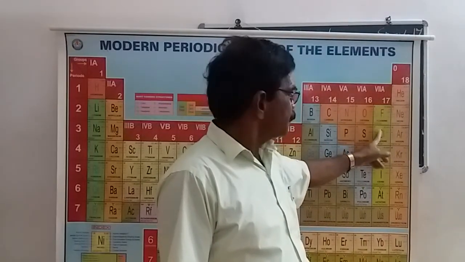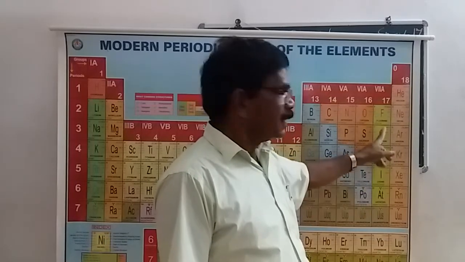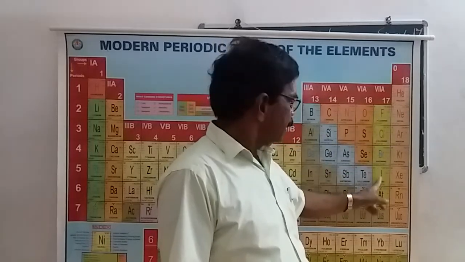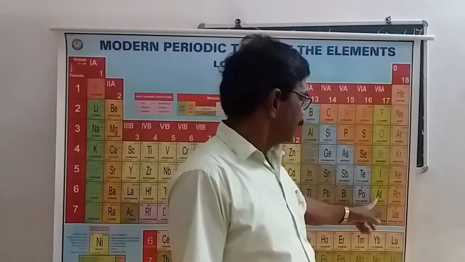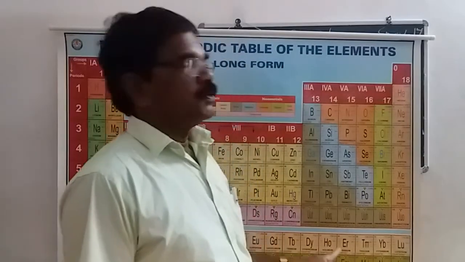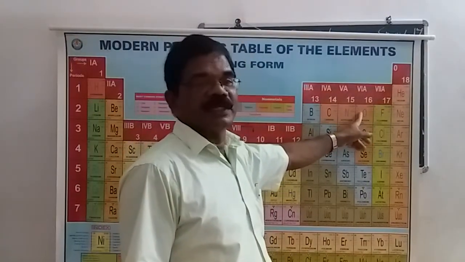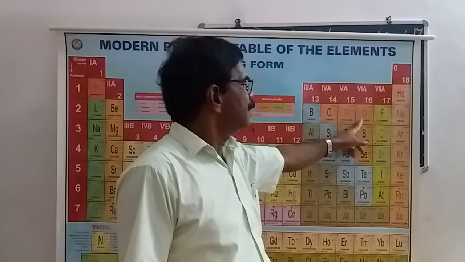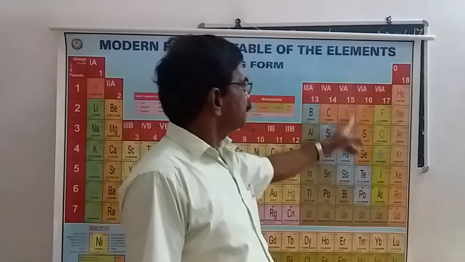Chlorine is lesser than fluorine. Bromine is lesser than fluorine and chlorine. Iodine is lesser than the above three, and astatine is the least reactive in the 17th group. Similarly, in the 16th group, the most reactive element is oxygen. The reactivity decreases from top to bottom.